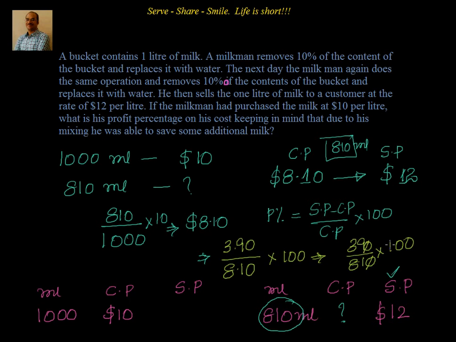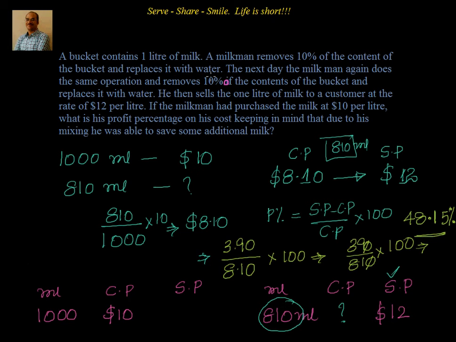Simplifying, that is 3900 by 81. 81 fours are 324, then 66; 81 eights are 648, then 12; 81 ones, then 39, so I can go for approximately 5. So 48.15% is the profit percent.